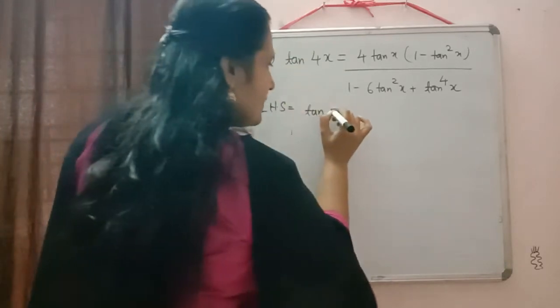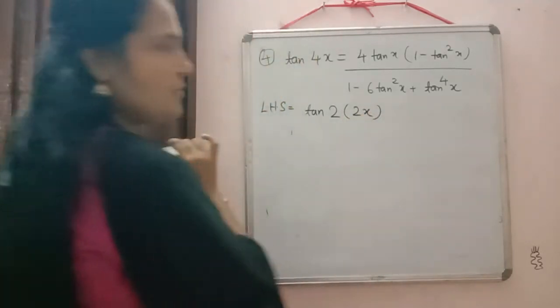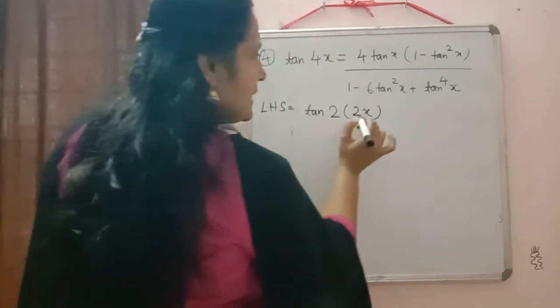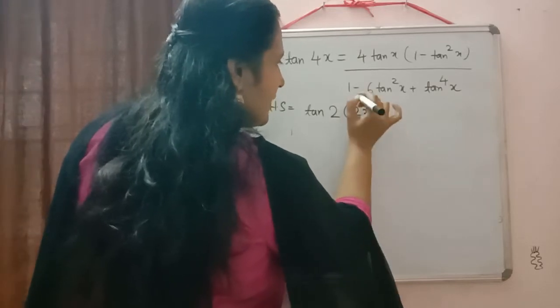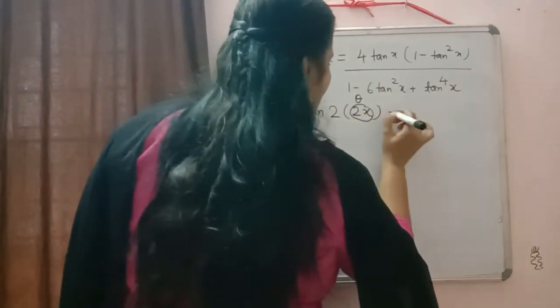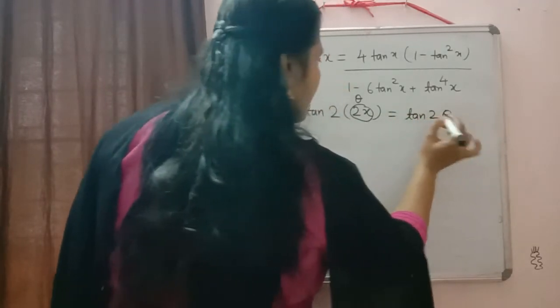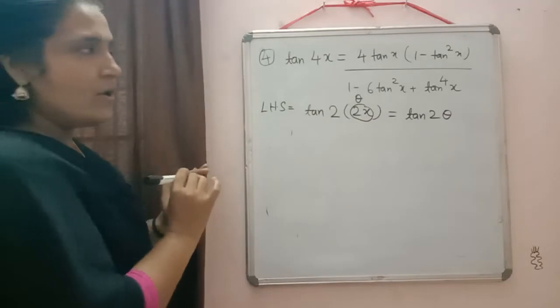So I am writing tan 4x as tan 2 into 2x. Suppose this 2x is theta. So what will come? This is tan 2 theta, where theta we have taken as 2x.